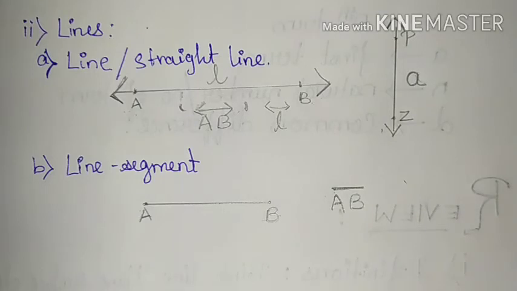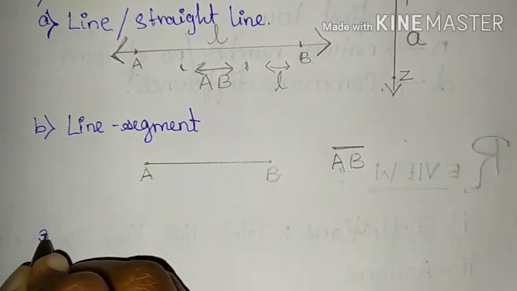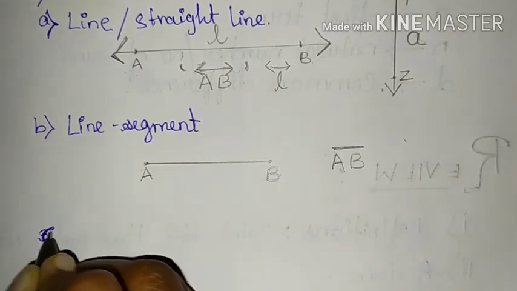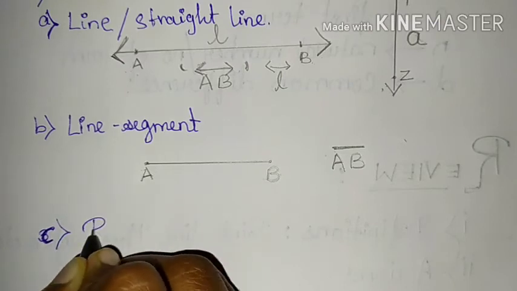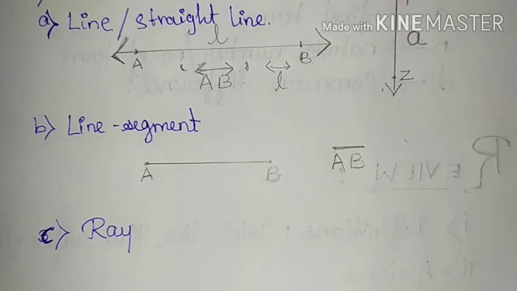The third one is a ray. You usually use rays whenever you draw angles, right? So a ray is a line which has one endpoint and it can be extended indefinitely in one direction.